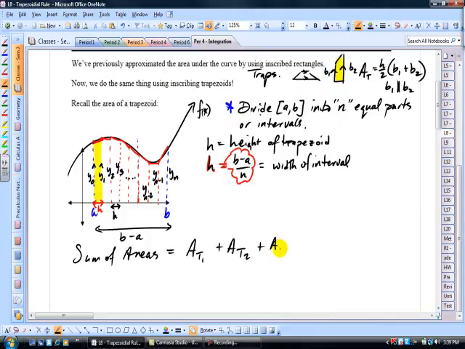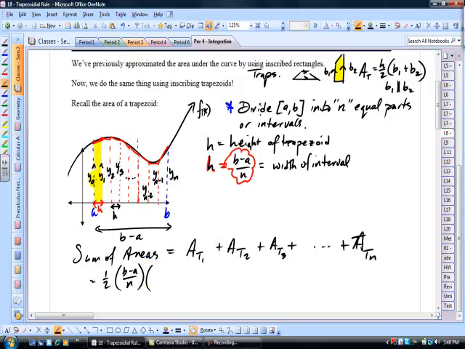We want to add up the areas of the trapezoids, so add up the area of trapezoid 1 plus trapezoid 2 plus trapezoid 3 plus all the way to the area of the nth trapezoid. To do that, I'm going to take 1/2 times the height. Taking the height divided by 2 is the same thing as 1/2 times the height of b minus a divided by n times the sum of their bases.